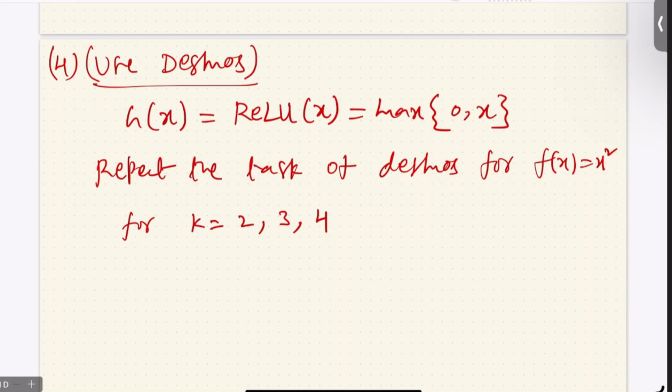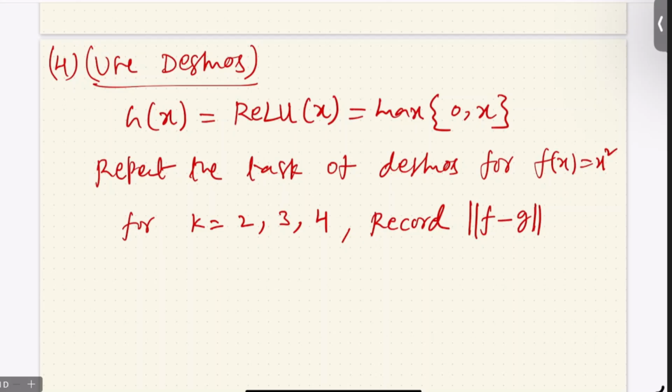I think I have done it for two only in my Desmos. Now you do it for k equal to 2, k equal to 3, k equal to 4, and record the supnorm of the target function for the best one. Of course, you are not coding here, but at least you can plot it, the supnorm, or maybe the difference norm. You can say L2 norm or something, not the supnorm.